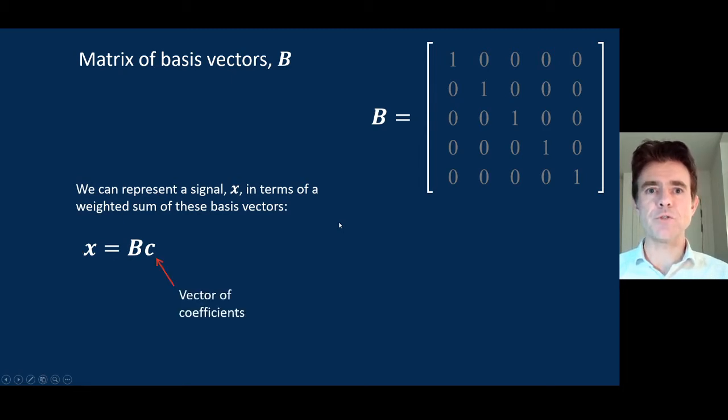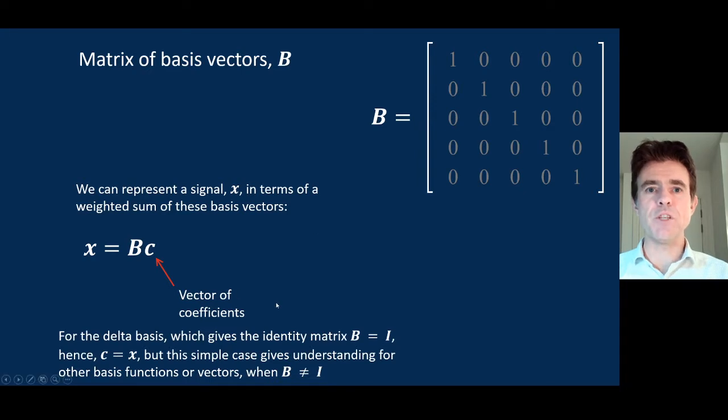Okay, so c is the vector of coefficients, and then I'm just making the observation that you should have noticed here, of course, that this basis matrix here is in fact just the identity matrix. Okay, it's just I, that's the notation we normally use for the identity matrix. It's just a diagonal of ones. So the trivial, very simple case, and it does mean that for this equation to hold, the vector of coefficients is going to be just the vector x, and we've already seen that in the previous slide.